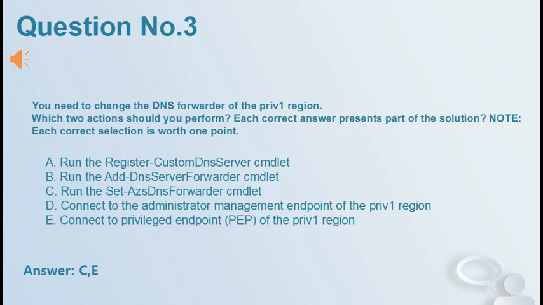B. Run the Add-DnsServerForwarder cmdlet. C. Run the Set-AzSDnsForwarder cmdlet. D. Connect to the Administrator Management endpoint of the Priv1 region. E. Connect to the Privileged Endpoint (PEP) of the Priv1 region. Answer: C, E.